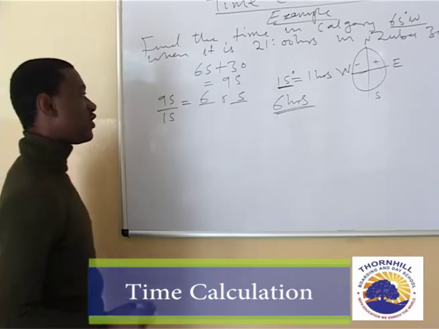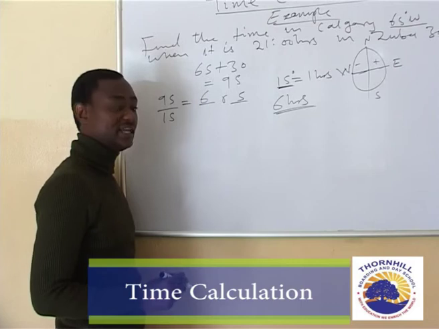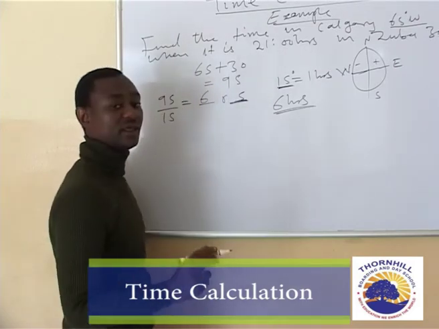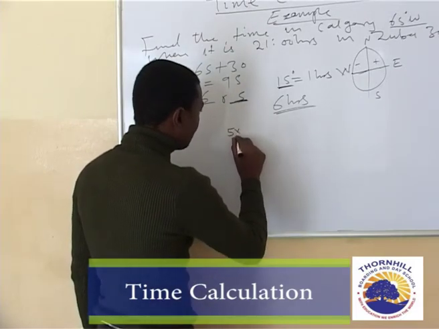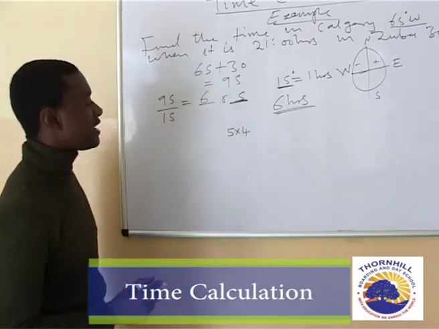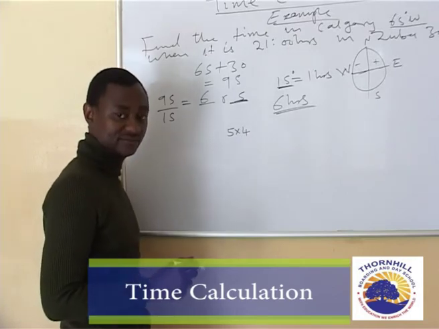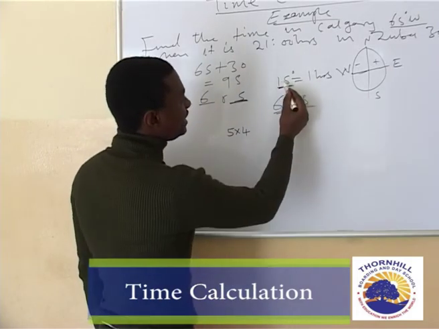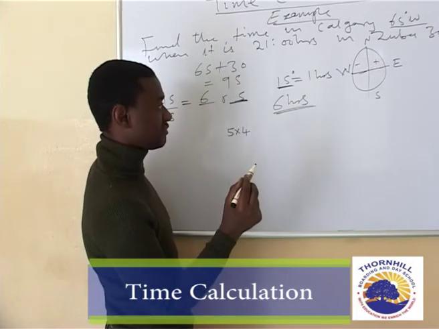But we are supposed to know the time difference in minutes. To find the time difference in minutes, we take this remainder, 5, and multiply by 4. Why are we multiplying 5 by 4? Because we want to find the time difference in minutes. If you do the conversion, 15 degrees is equal to 1 hour, which is the same as 60 minutes.